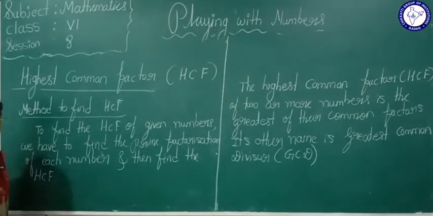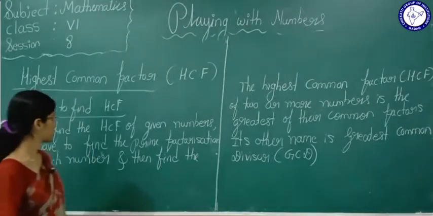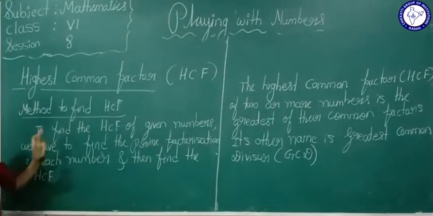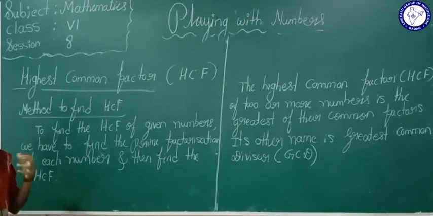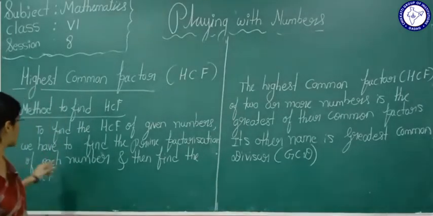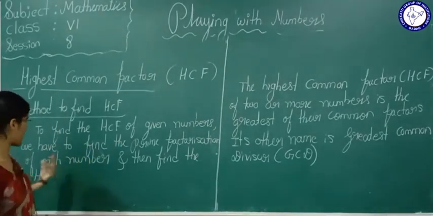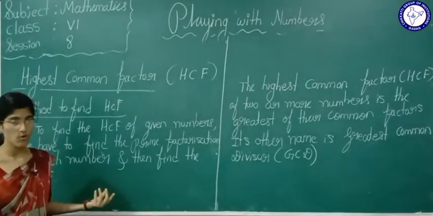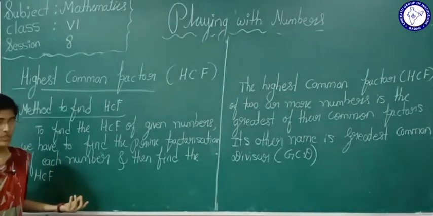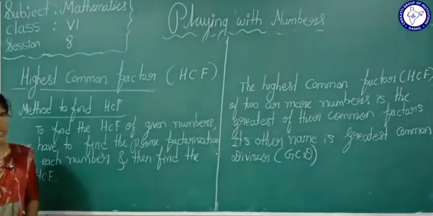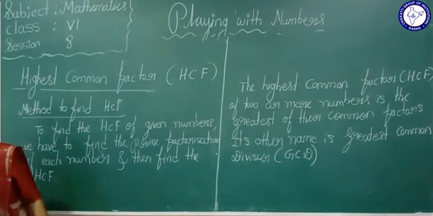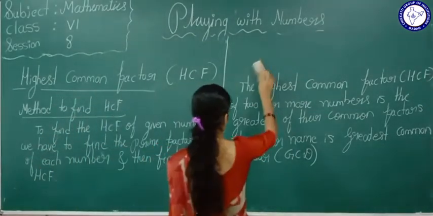If you want to find the HCF of two or more numbers, we have to find the prime factorization of each number. You know how to do the prime factorization of each number, right? And then find the HCF. I will show this by taking some examples.